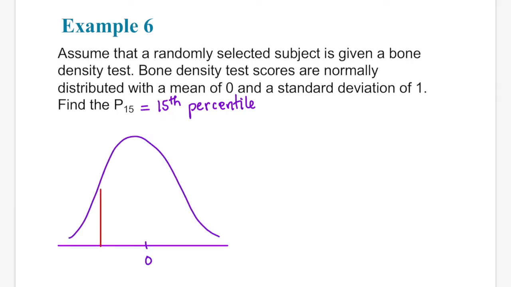So say, if this is my P15, then this area is 15% and this area is 85%. And I want to find that number. It should be negative something because it's less than 0. So I know that my probability of z less than P15 equals 0.15. And my job is trying to look for this number.